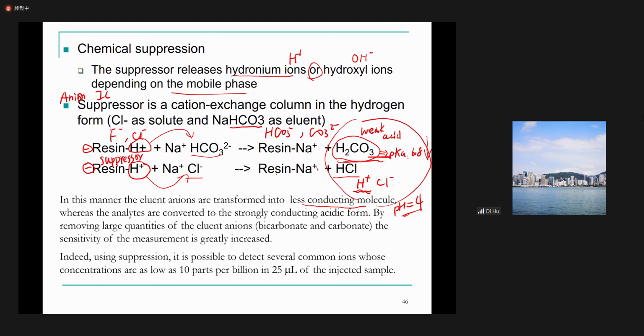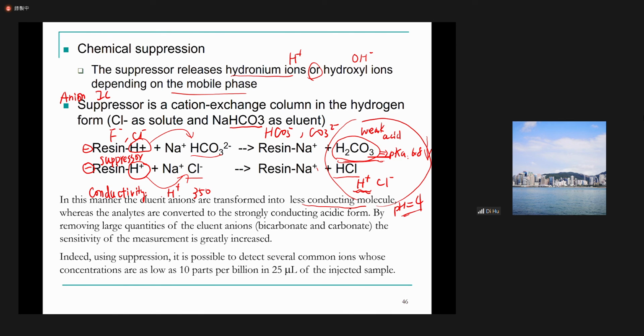Let me see whether I have the number for that. Yes, here I have a number. If we talk about conductivity, for hydronium ion the number is 350.